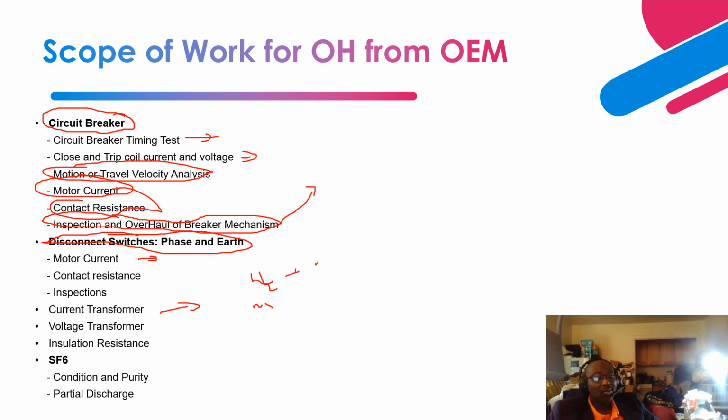Next is SF6, where partial discharge (PD) activity testing is usually done, and that testing is very, very costly, about $80,000 for each GIS. Think about it, that's a lot of dollars. That is why it requires strategy, analysis and critical thinking.